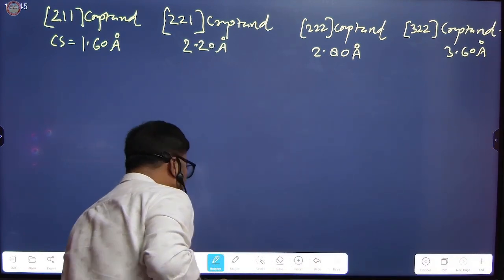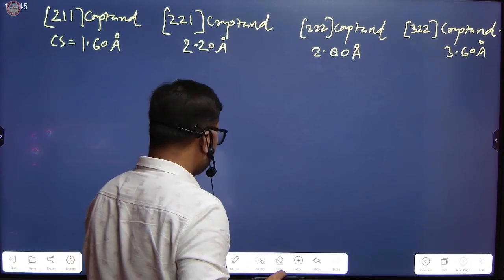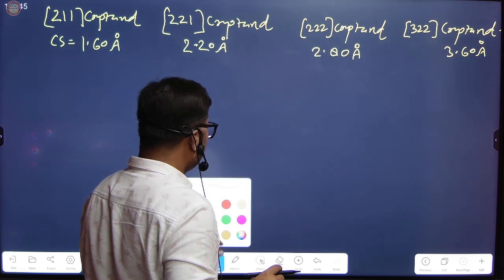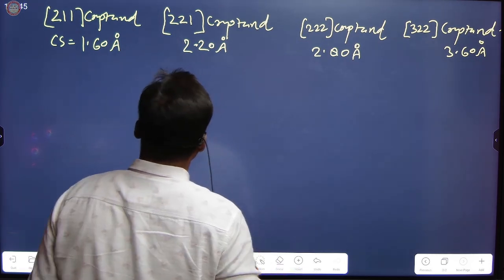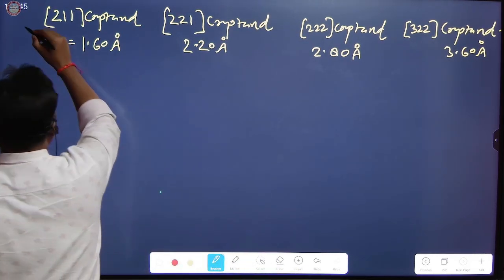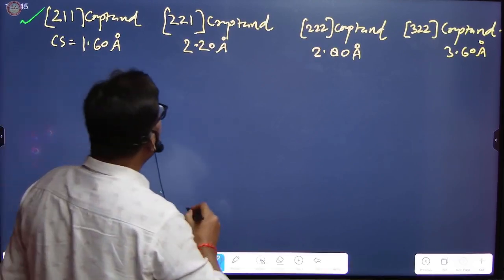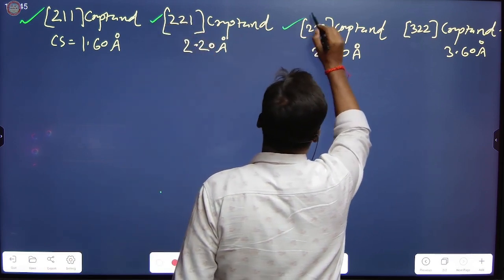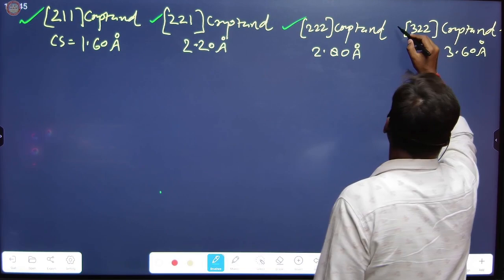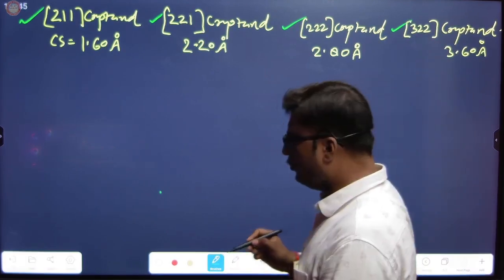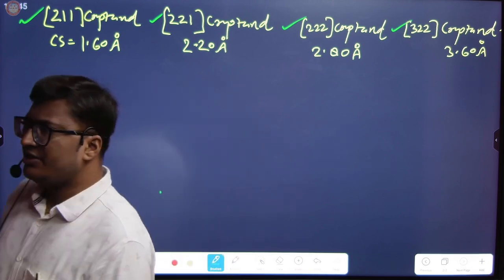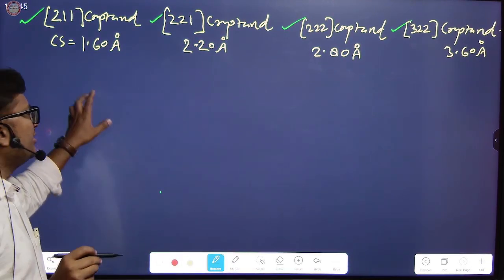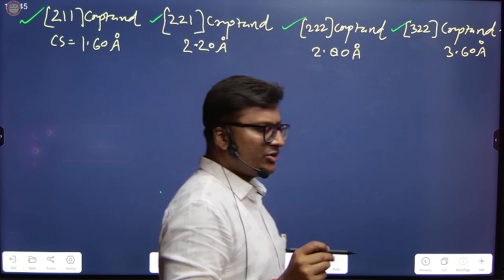So this is the first cryptand, this is the second cryptand, this is the third cryptand, and this is the fourth cryptand. So we have four cryptand structures that contain different numbers in the square bracket.